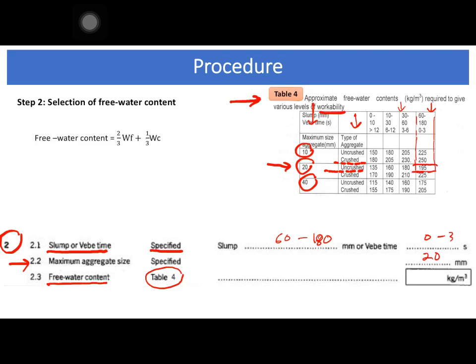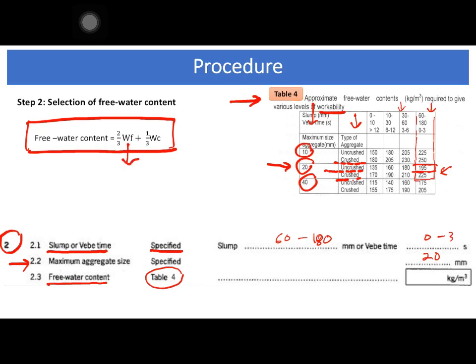Now, we have different types of aggregate, right? Because we are using coarse aggregate uncrushed, and then we are using fine aggregate crushed. So here, this is the column, 195 and 225. So here, you may refer to this equation. To determine the free water content, the formula is equal to 2/3 Wf plus 1/3 Wc.